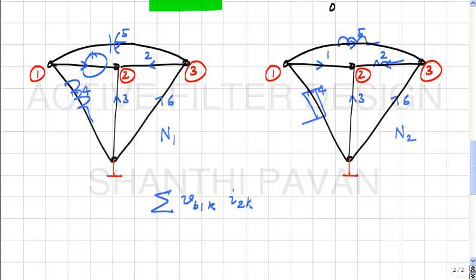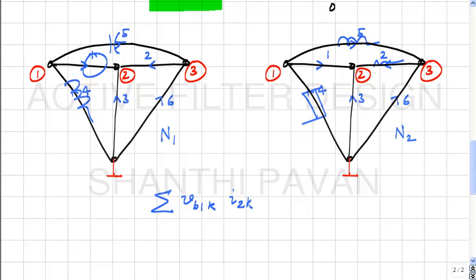For a single network we are not very impressed, correct. Now I am trying to find the sum of VI products where the branch voltage is that of network 1, but the branch current is that in network 2. There is no physical interpretation for VB1(k) I2(k).